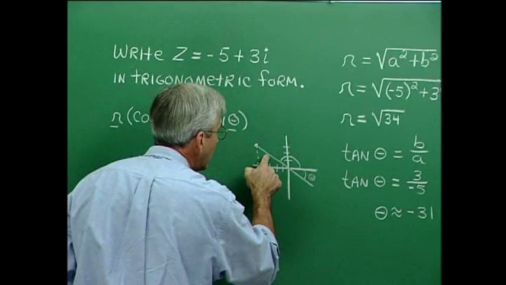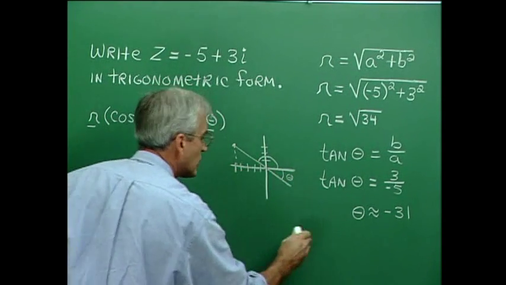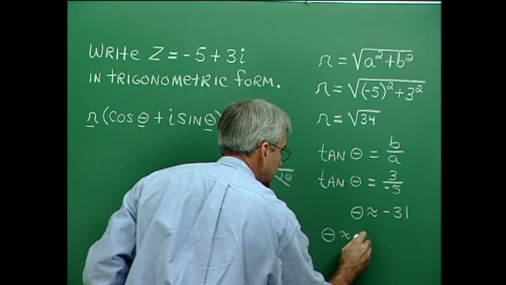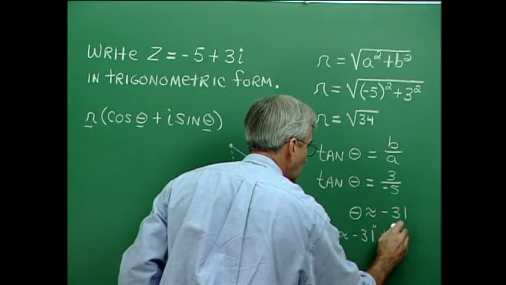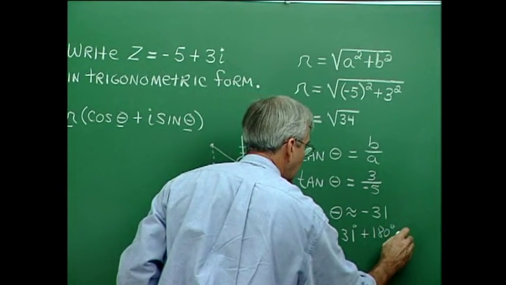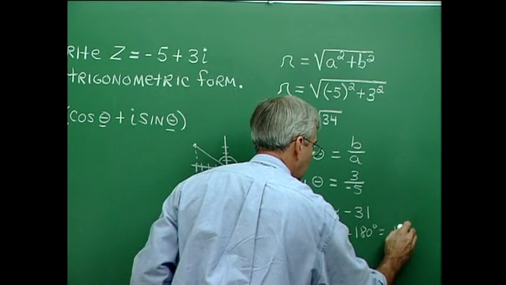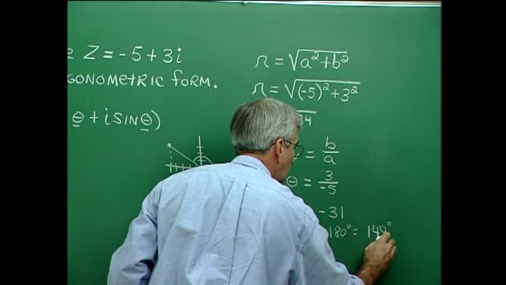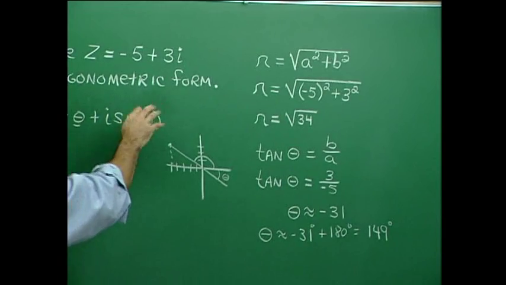In order to get us to this position, we need to simply add 180 degrees. So we're saying then that the theta that we're interested in is -31 degrees plus 180 degrees, and that gives us 149 degrees.